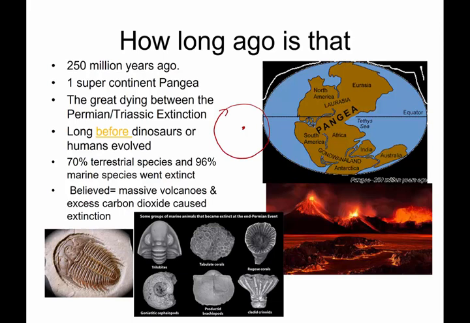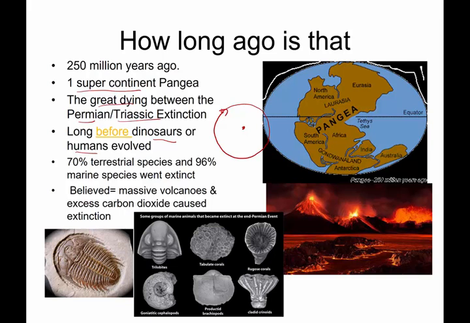there was on planet Earth one supercontinent, Pangaea, due to continental drift. Dinosaurs had not evolved and humans had not evolved. So this is before dinosaurs even, that we were at this same spot. If you like geology at all, this was about the time of one of the great dyings between the Permian and Triassic layer. There was a huge extinction.